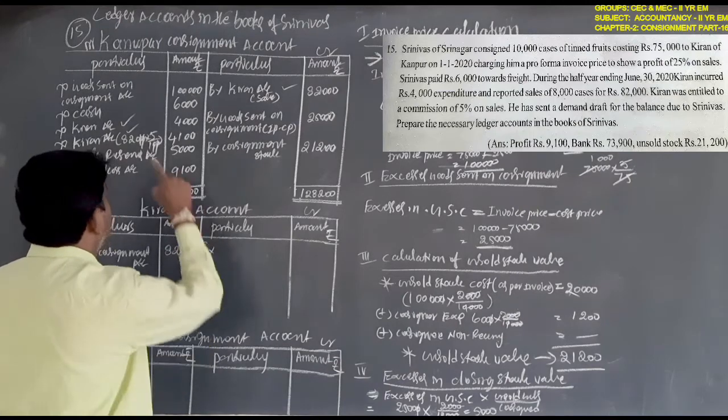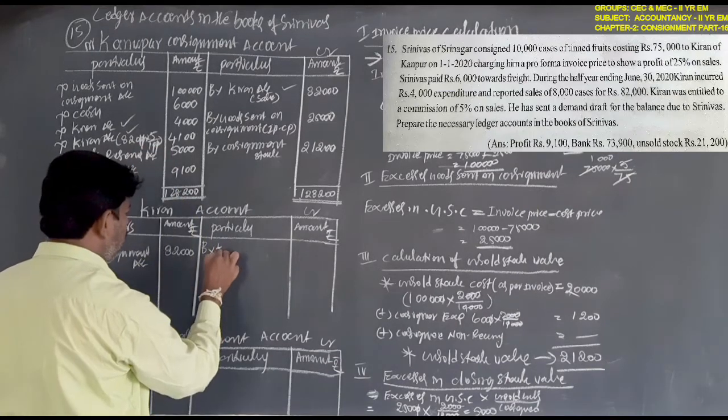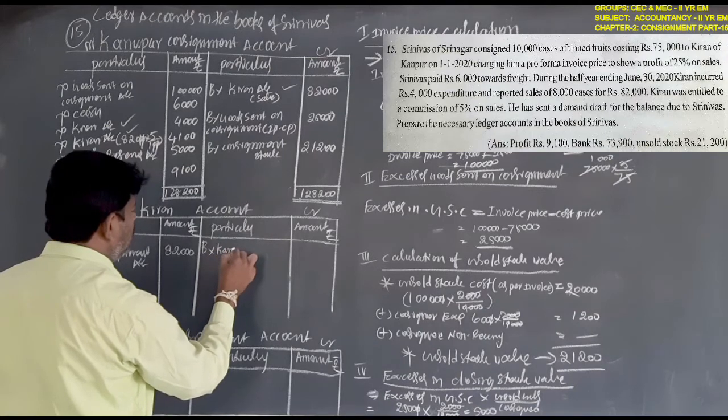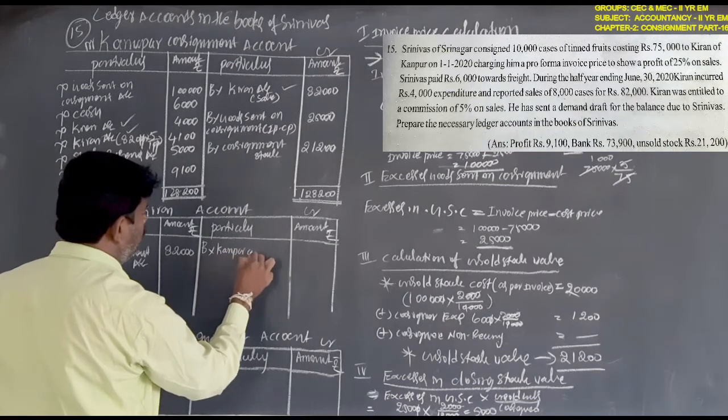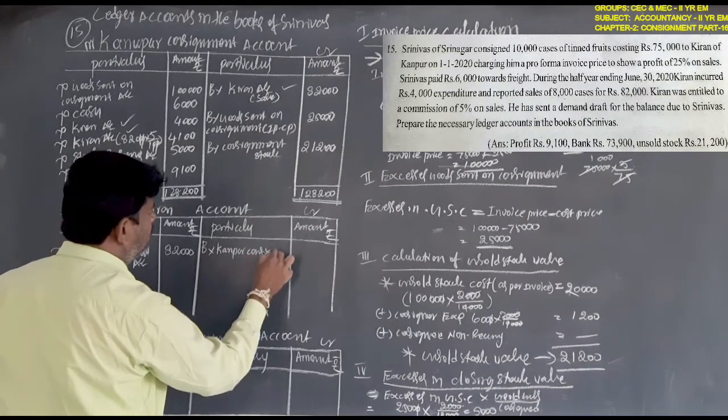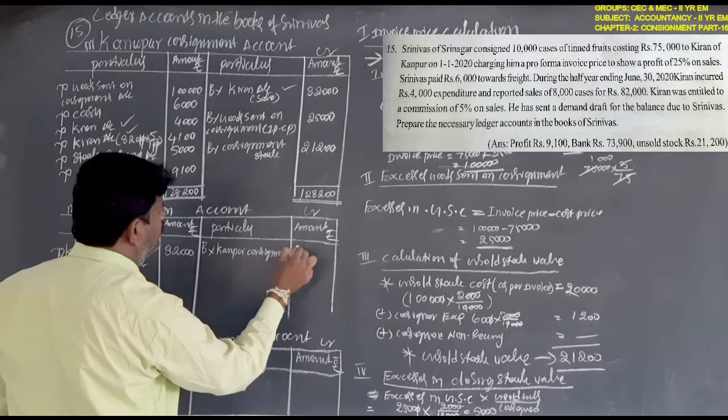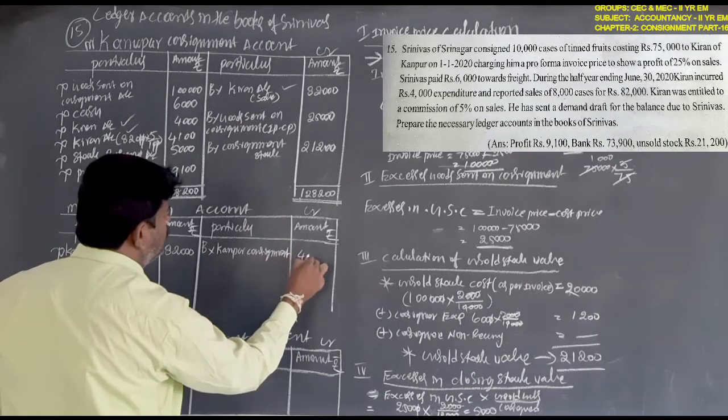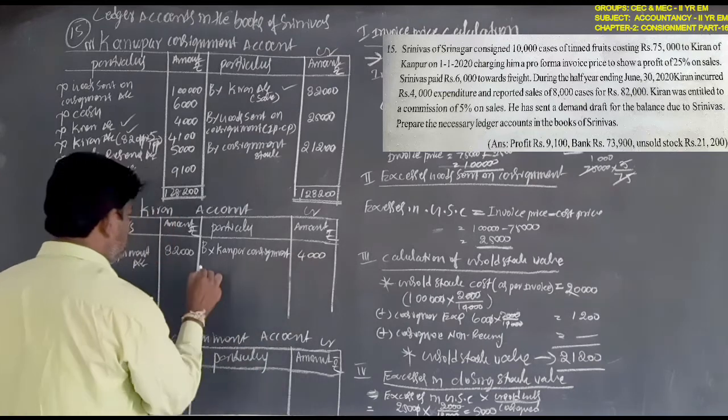By here also Kiran, Kanpur consignment, amount is 4,000 rupees per expenses.